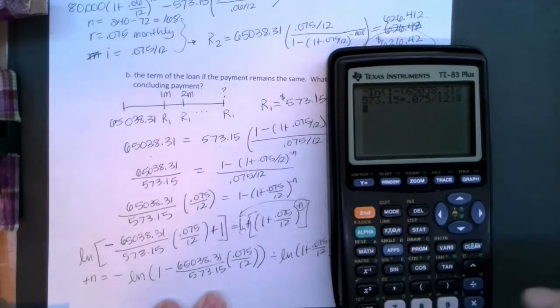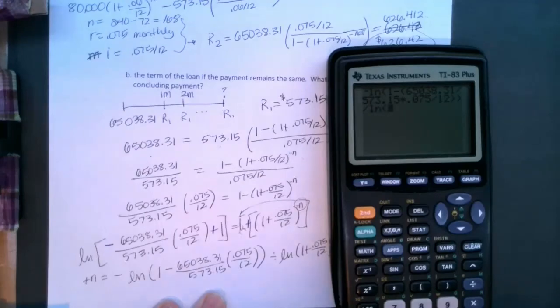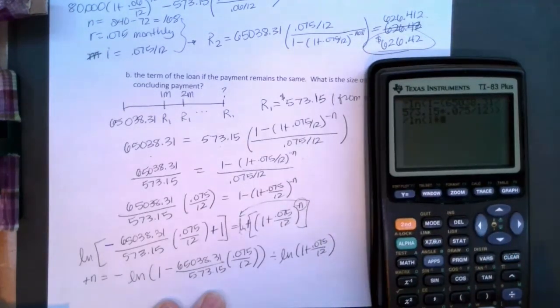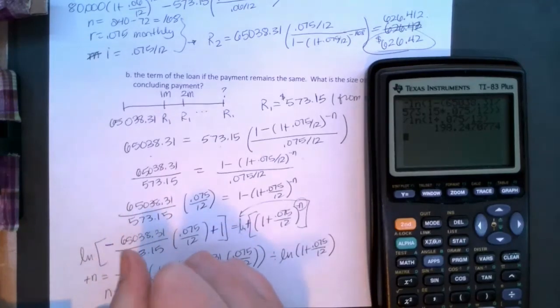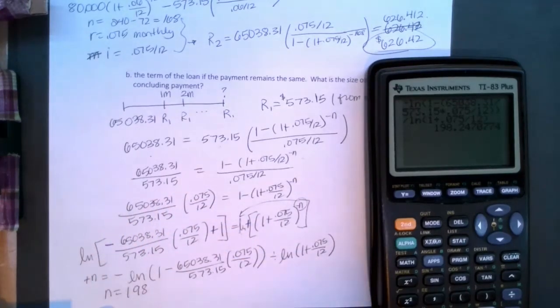And I had an extra parenthesis in there, so I want to make sure I have that so I don't get an error. Divided by the natural log of 1 plus i. So we get n is 198.24. Okay, so that means we're going to have 198 full payments.